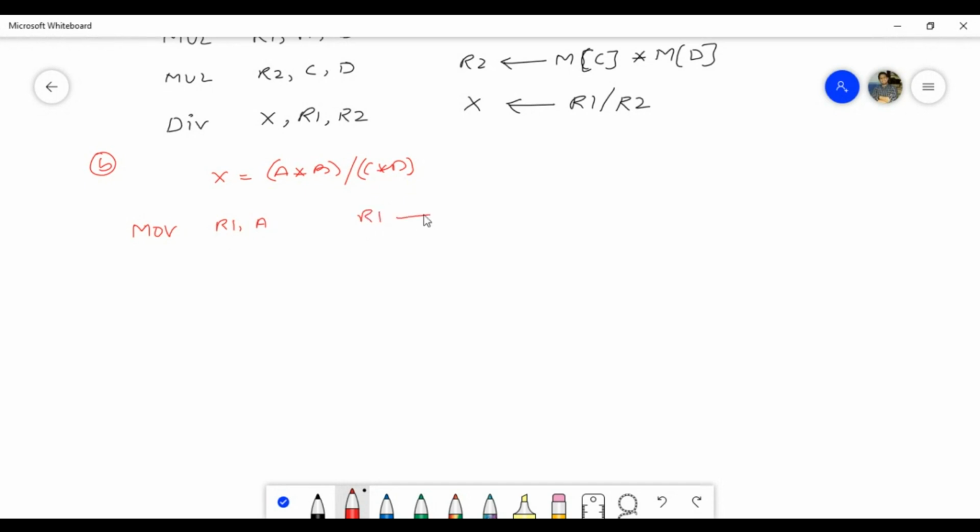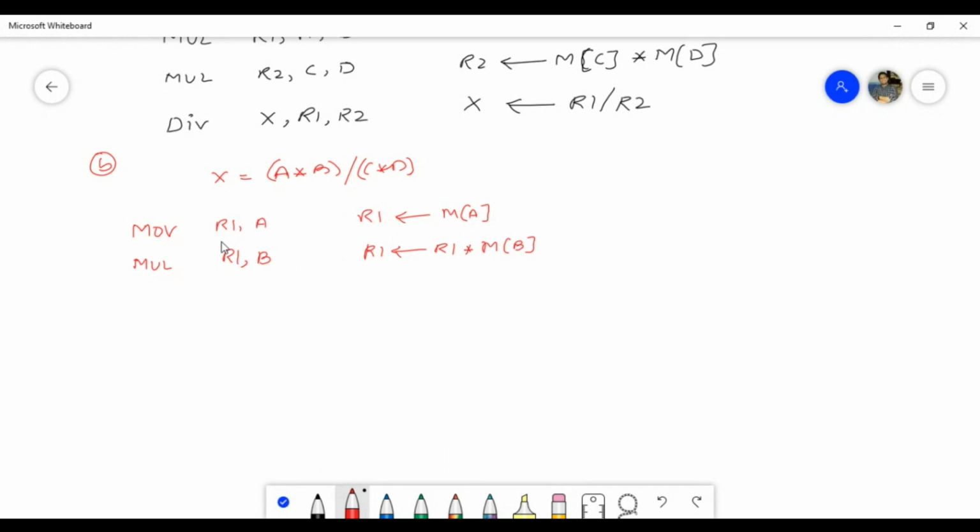This means I can write R1 implies memory address at A. Now we will do A cross B. Directly we can multiply R1 comma B. That means now R1 is A, and we are multiplying A with B. So R1 equals R1 cross B from memory. So this first step is done.